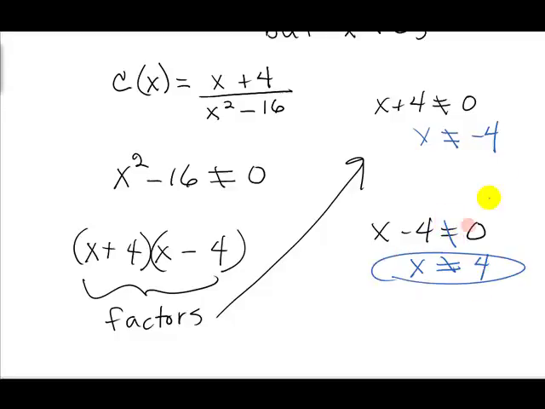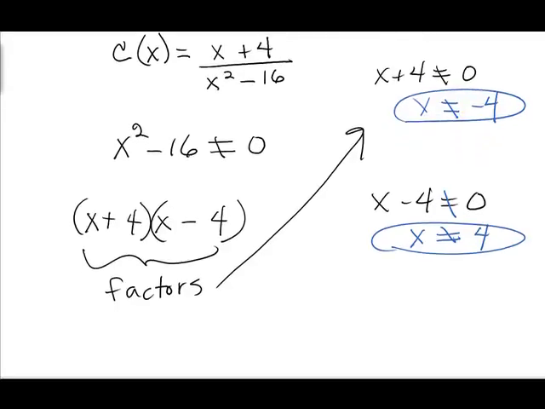So we've got two answers here. So again, it'll be a statement that says x such that x is a real number and x does not equal, and you'll list both of these, and it will be in set notation.